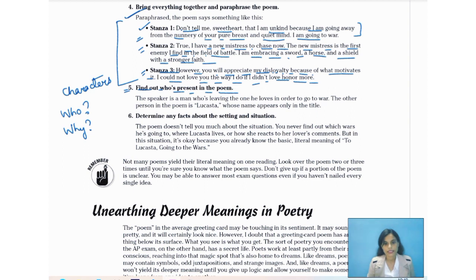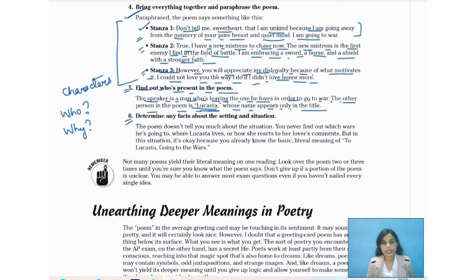Next, number 6. The speaker is a man who is leaving the one he loves in order to go to war. The other person in the poem is Lucasta, whose name appears only in the title. So this lady love is Lucasta, whose name is given in the title of the poem.